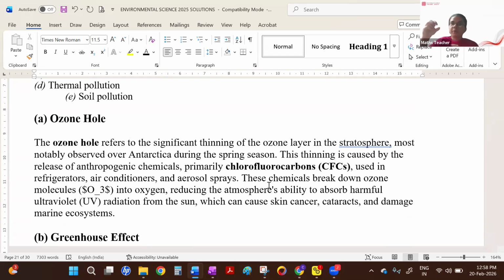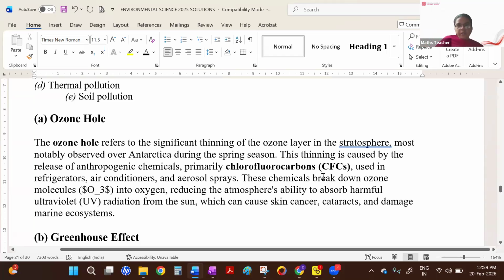Then the ozone layer will become thin, and that's what we call the ozone hole. This thinning is caused by the release of chlorofluorocarbons.